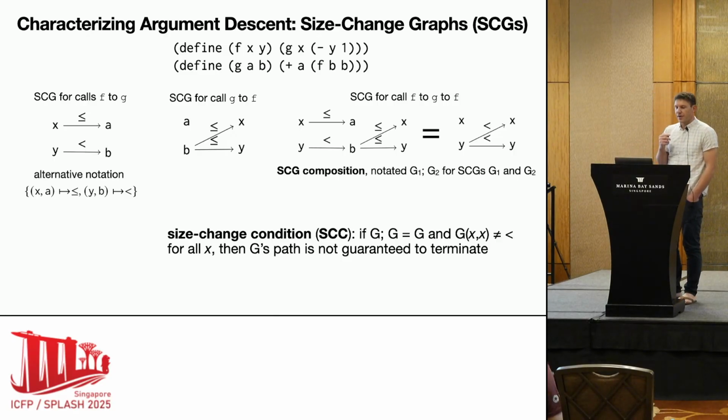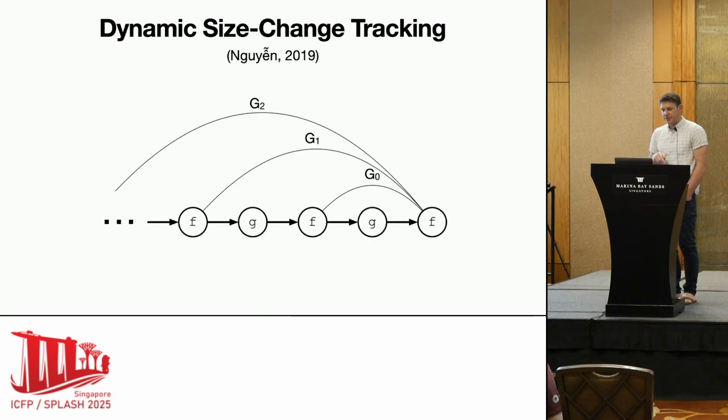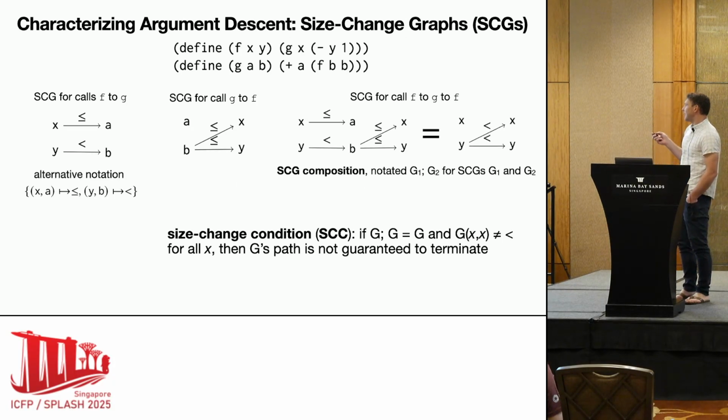Now, how do we apply this? There's some great work by Phil Nguyen where they apply size change monitoring to offer termination as a contract on functions. Basically, dynamically at runtime, they watch function calls, and when a function is entered and has been called before on that path, they dynamically compute a size change graph of the actual arguments from the previous call and the current call, and they apply the size change condition.